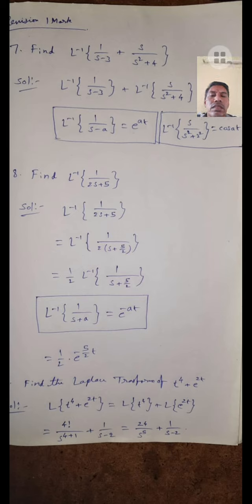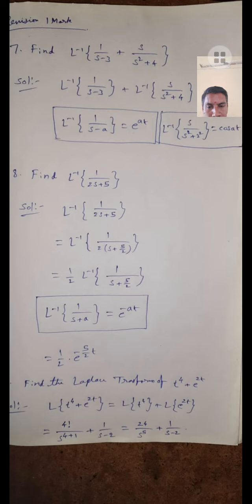Next question, find inverse Laplace transformation of 1 by 2s plus 5. If we take 2 from the denominator, we can write 2 of s plus 5 by 2. Here 5 by 2 is considered as a.